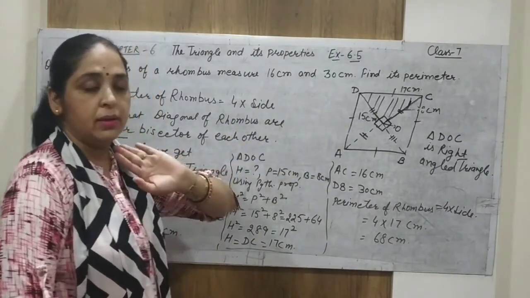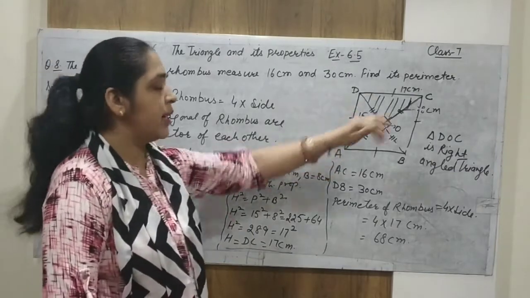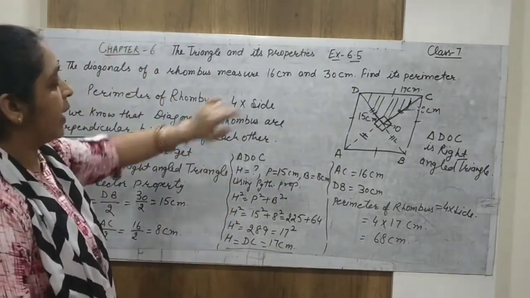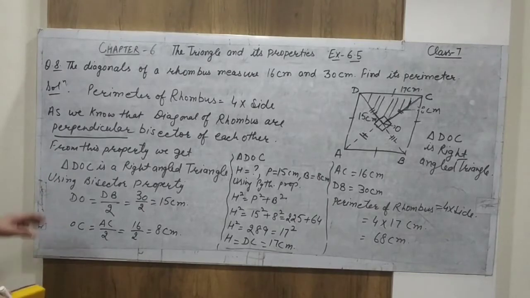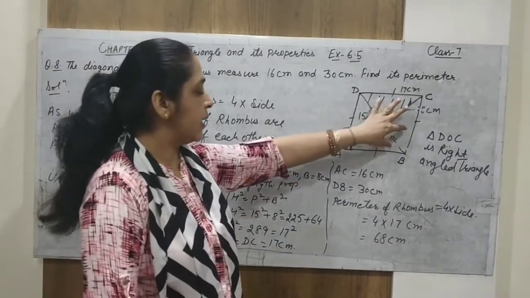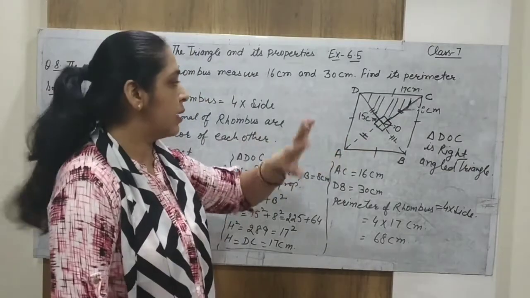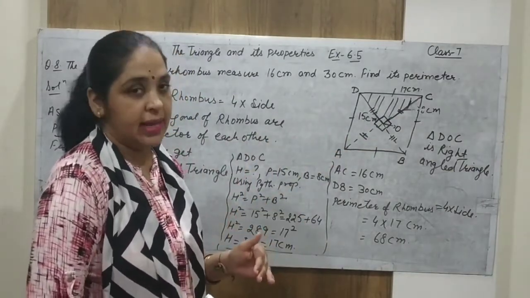First you draw a diagram, a rough sketch to understand. Now we require the side, but the given are the diagonals. So this is very important. Property of the diagonal: as we know, the diagonals of the rhombus are perpendicular bisectors of each other. So from this property we get the triangle DOC, because now these diagonals cut each other and the complete rhombus is divided into four triangles.